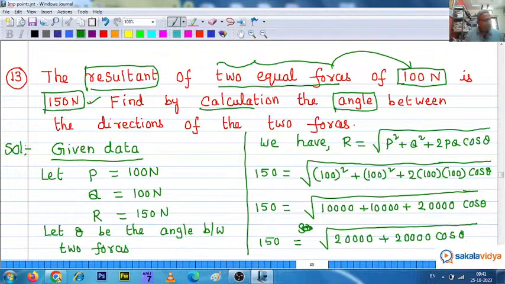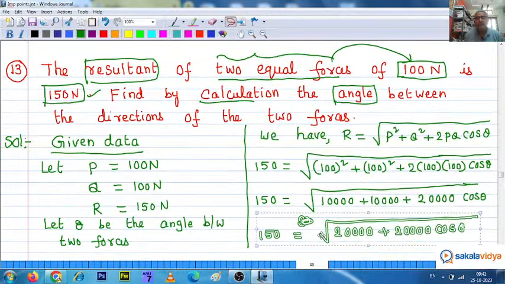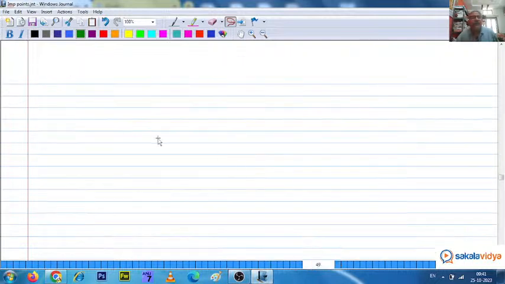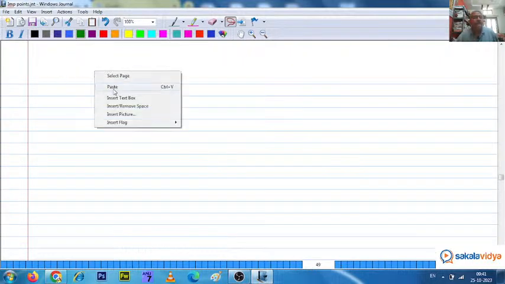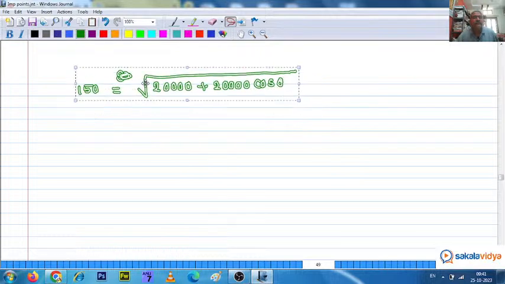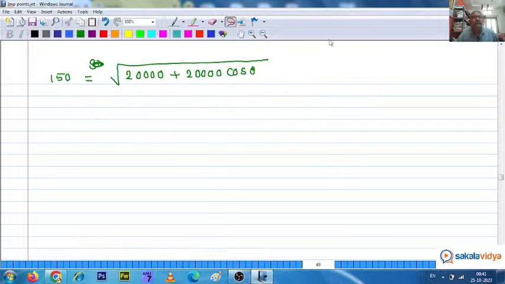Okay, let us do it. Okay. So, now 150 equals square root of 20,000 plus 20,000 cos theta, squaring on both sides.